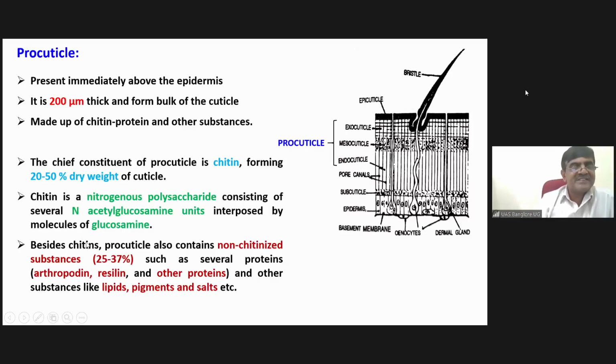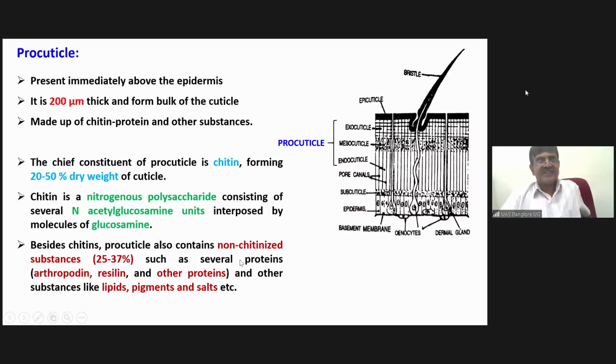Besides chitin, they are also made up of non-chitinized substances. Chitin comprises around 20 to 50%, and non-chitinous substances comprise around 25 to 37%. These proteins may be arthropodin, resilin, or other proteins.